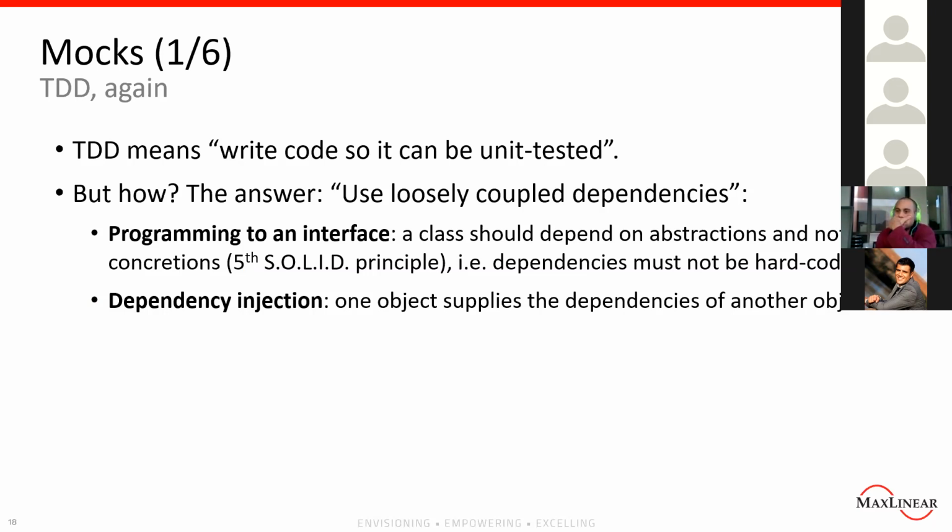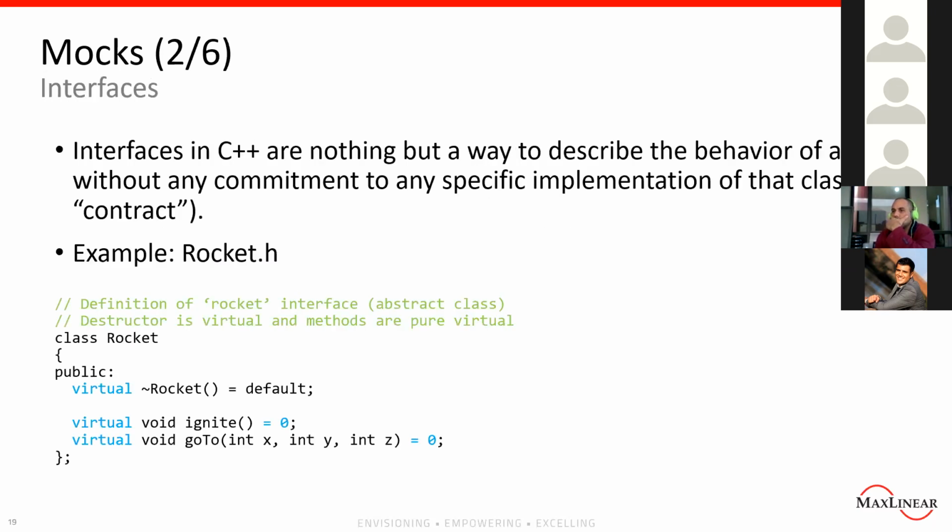Dependency injection is the enabler to use mock objects, which during test are supplied in the constructor, for example. Let's see a very simple and naive example of writing a unit test for an object that uses a dependency.